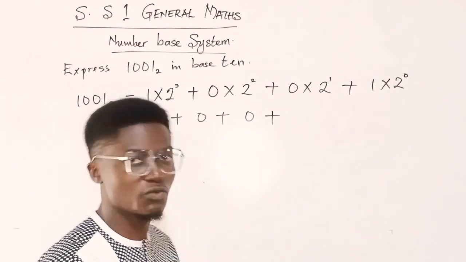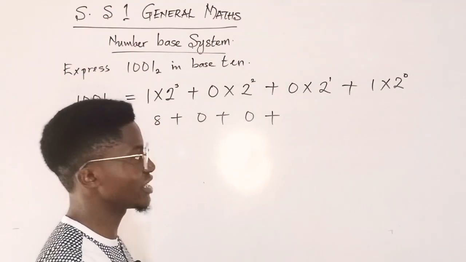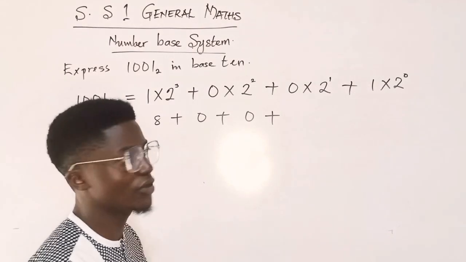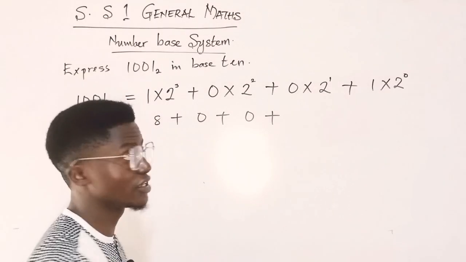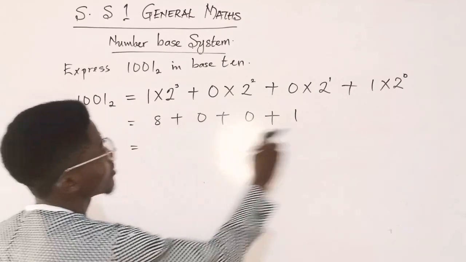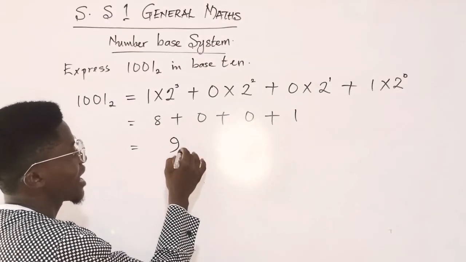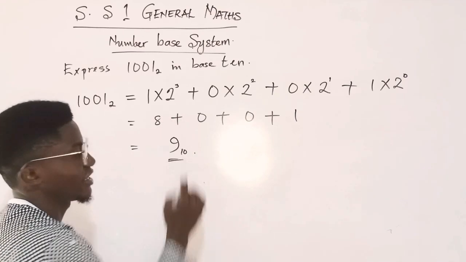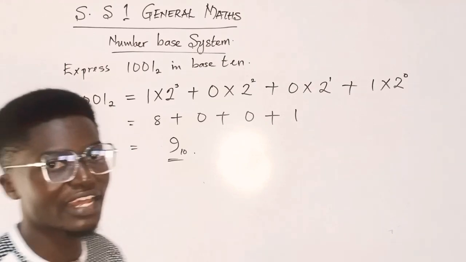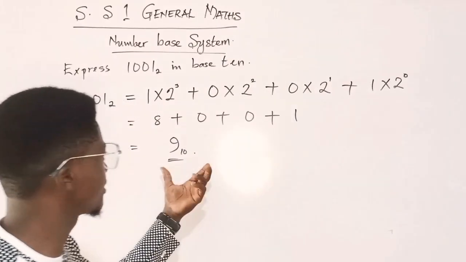We shall prove that when we get to other areas of study. Then 1 times 1 is 1. Therefore, when we add everything together, it gives us 9, and 9 is in base 10. So this is how to convert a binary number, that is a base 2 number, to base 10.